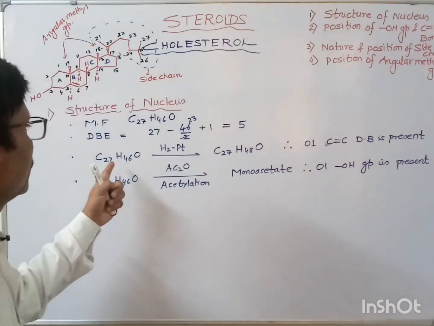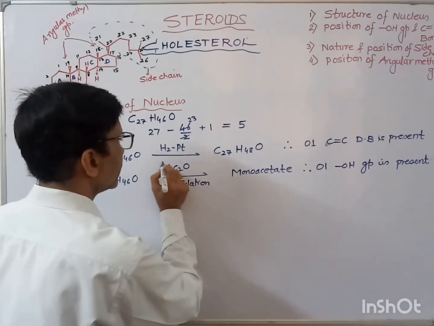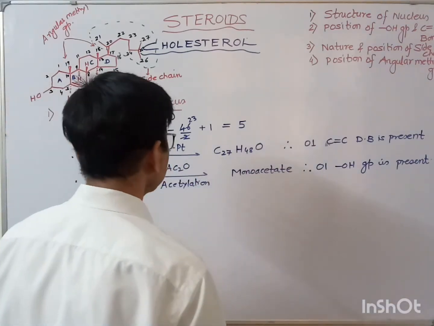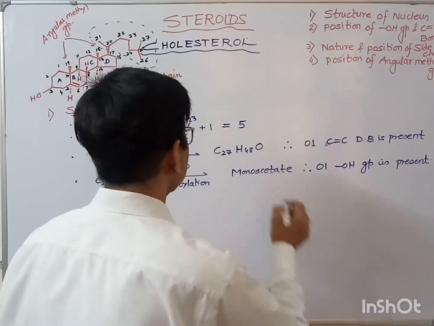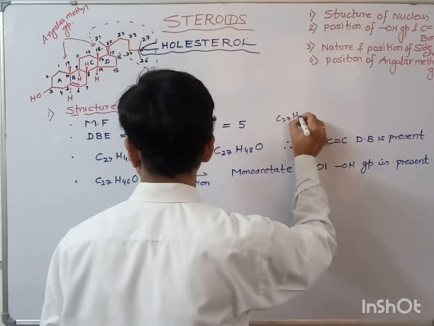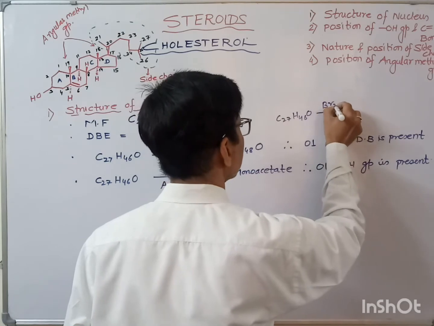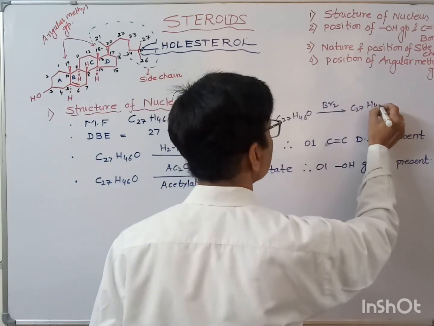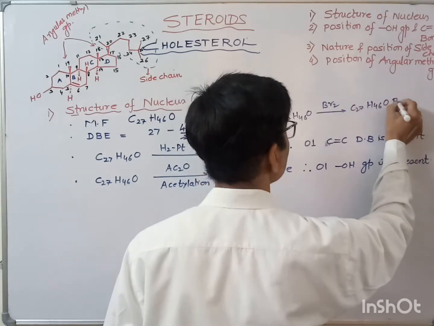Now similarly, if we treat it with bromine, then that may give you the cholesterol dibromide. So it also tells us: suppose this C27H46O was treated with bromine, then C27H46OBr2 was obtained.